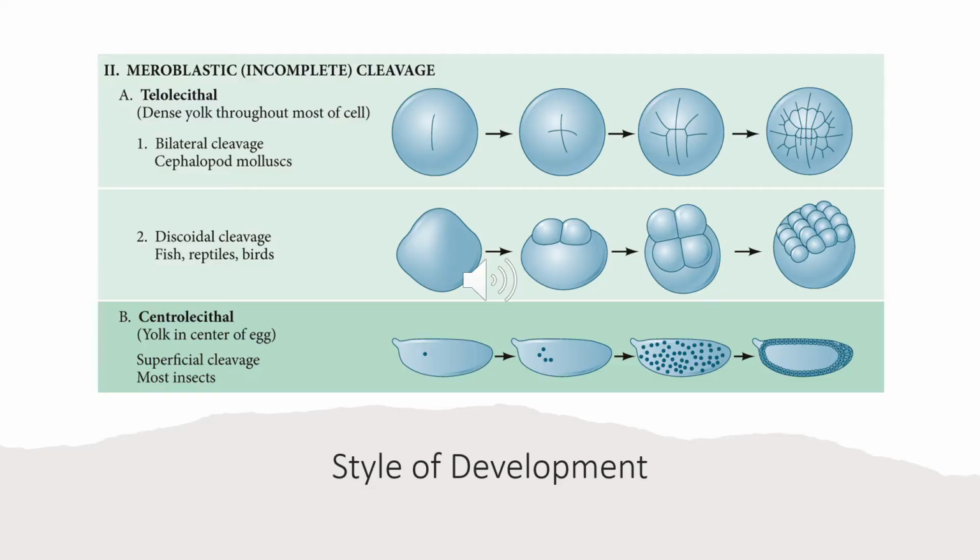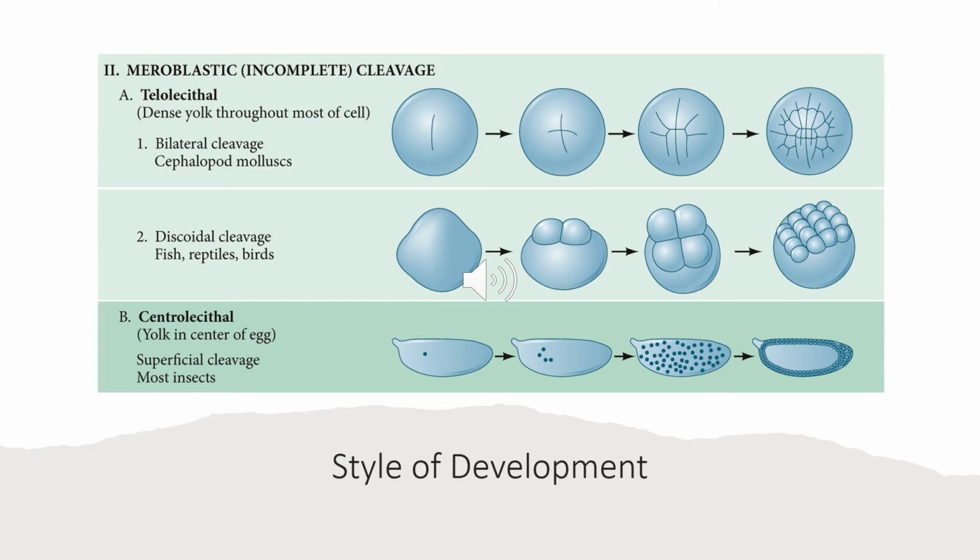Okay, so before diving into the development of the zebrafish, it's important to know the type of cleavage that a zebrafish undergoes during its development. A zebrafish undergoes a meroblastic cleavage, particularly a discoidal cleavage, which is found in fish, reptiles, and birds.